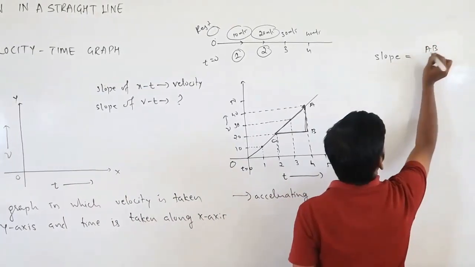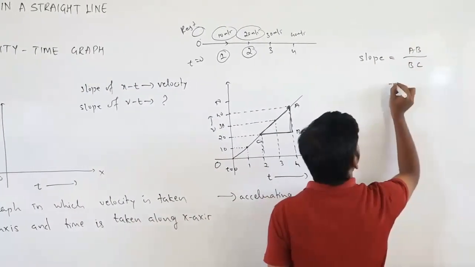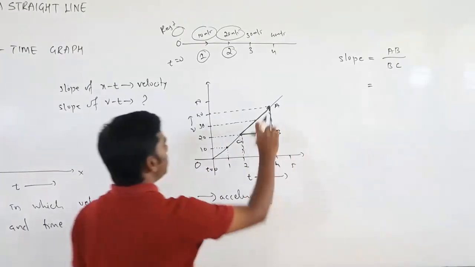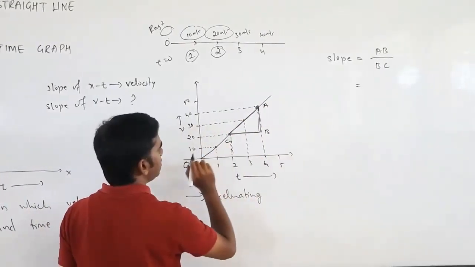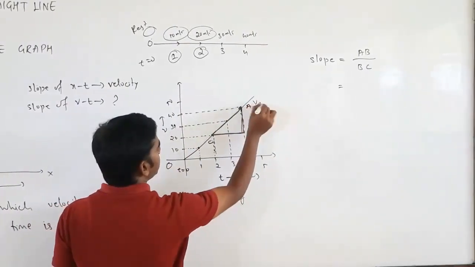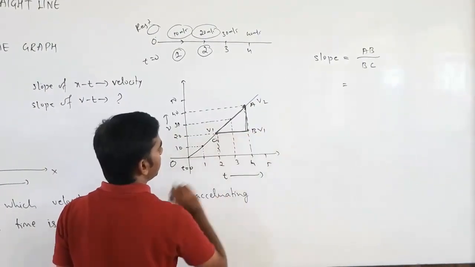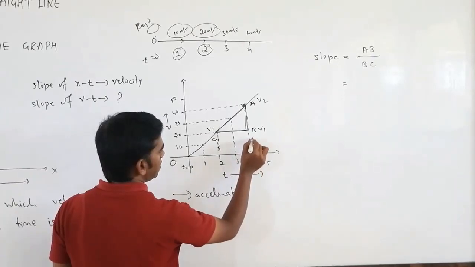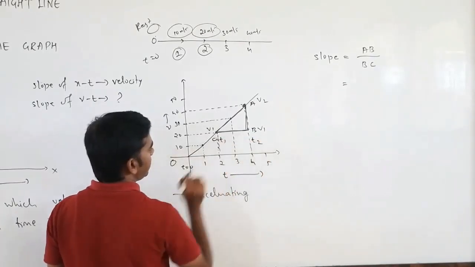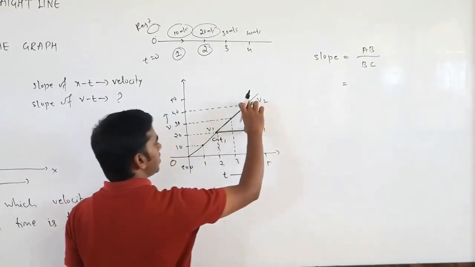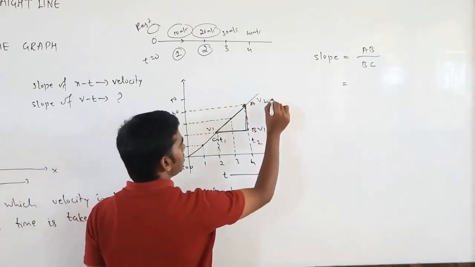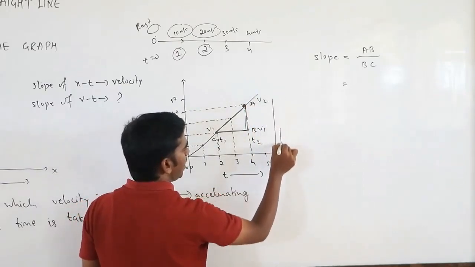Here I will take this as P2 and this as P1, and for time I will take this as T2 and this as T1. AB length is V2 minus V1.